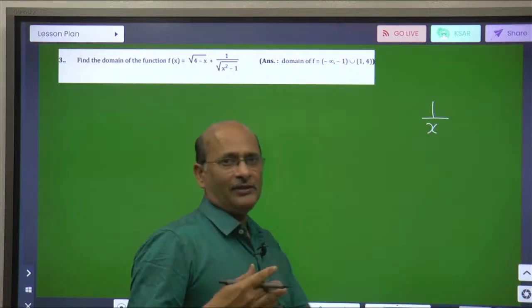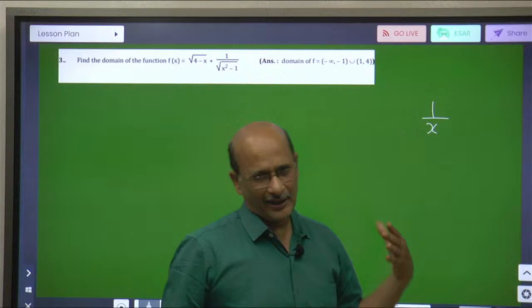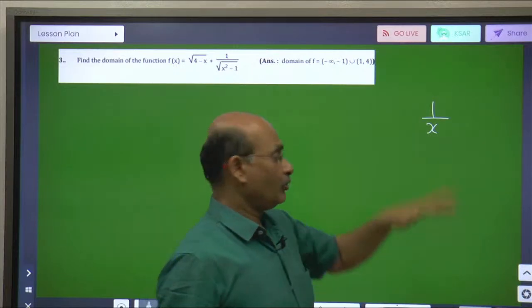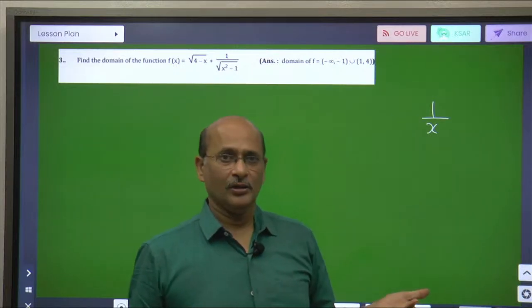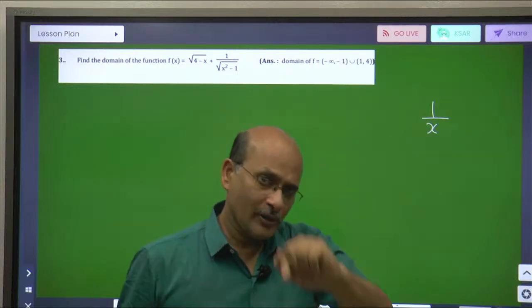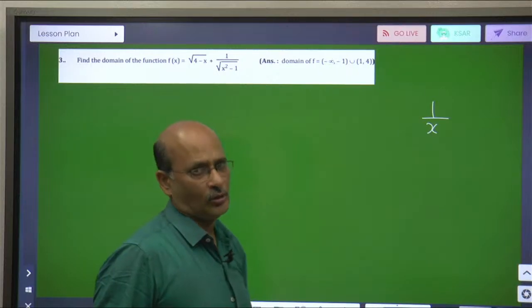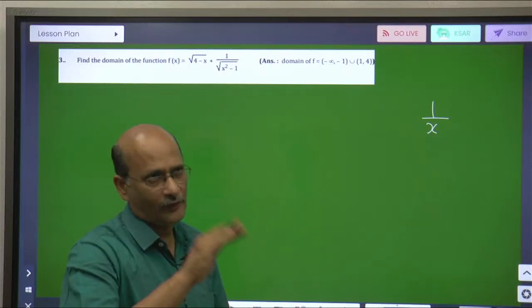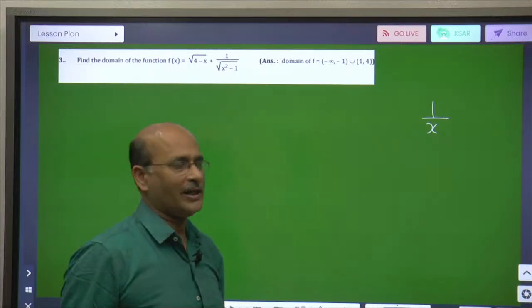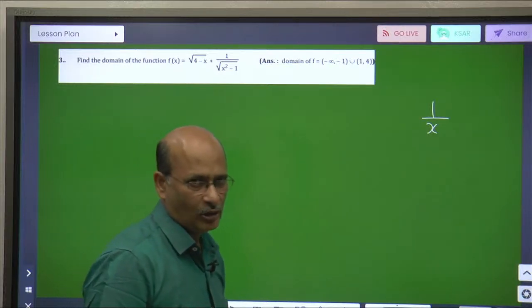Domain means what are the values that x can take? So x can take all values, no? Except 0, because 1 upon 0 is not defined. So for a fraction, the denominator should not be 0. In root sign, the inside part should not be negative. Then I will say it is defined, correct or not?